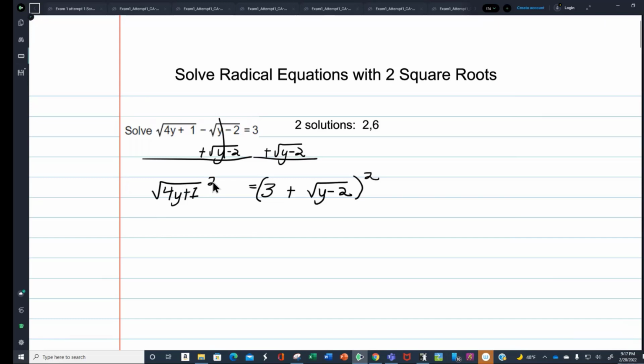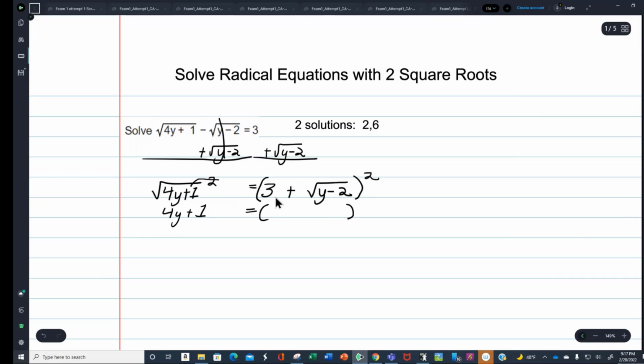When I square a square root, they cancel each other out, leaving me with what's underneath the argument of the function, 4y plus 1 equals.